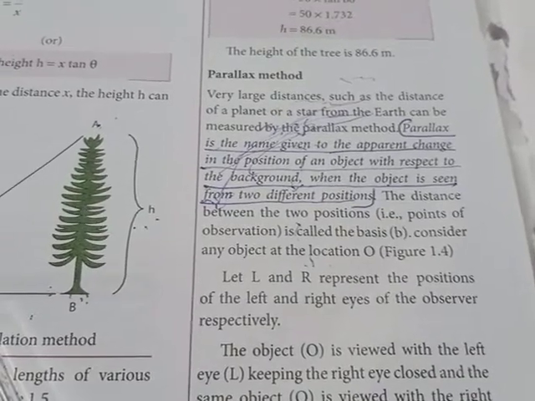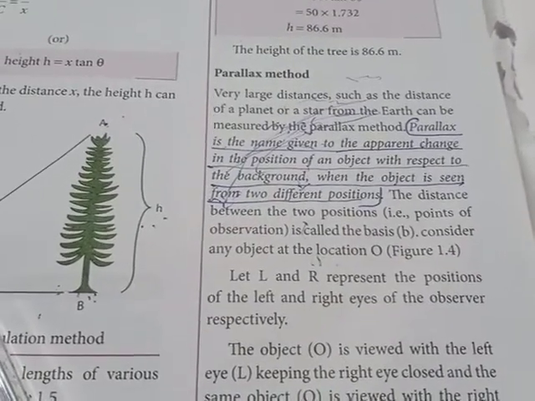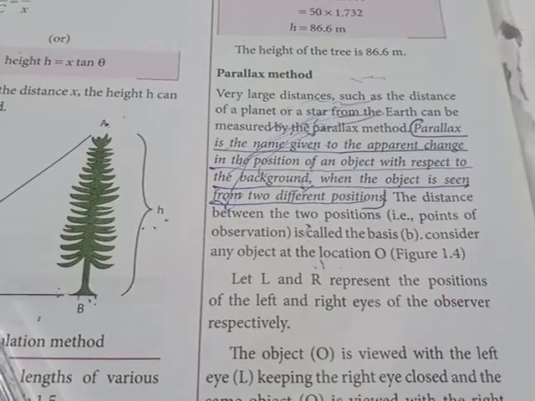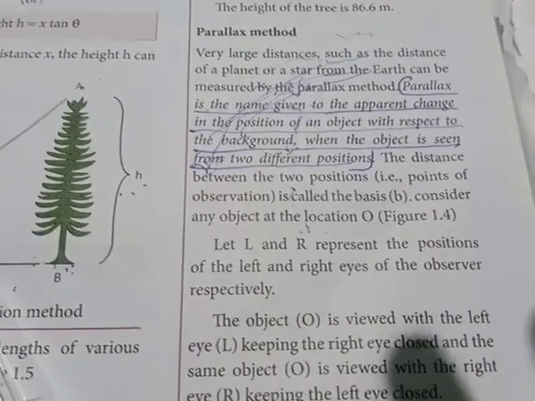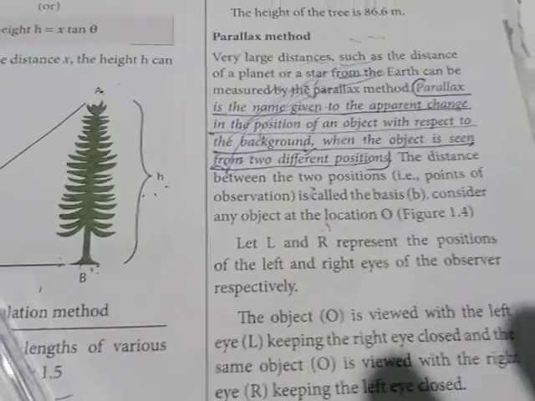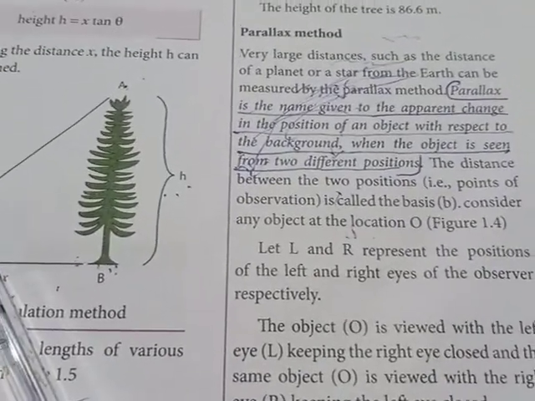You can see that the finger is in one place when you close one eye, and in another place when you close the other eye. This is what we call parallax.